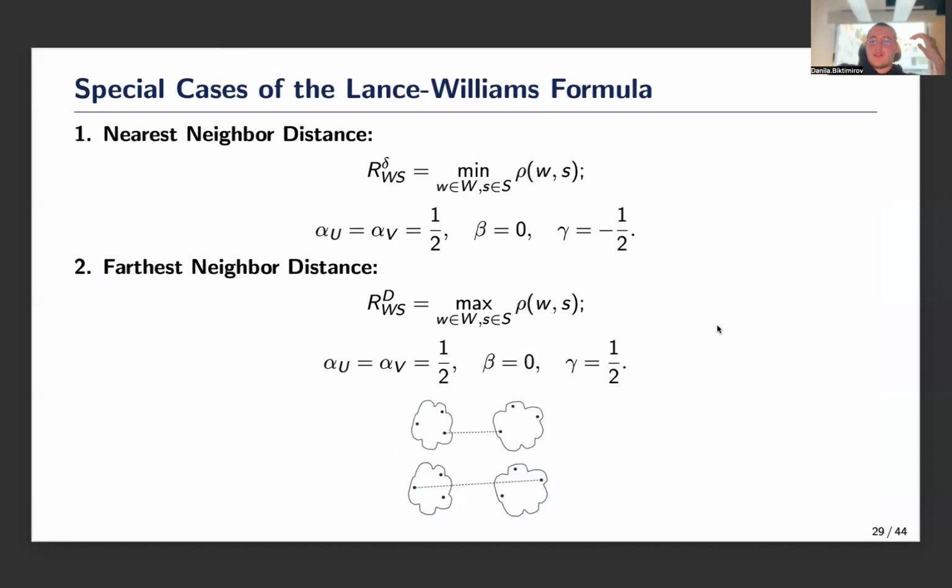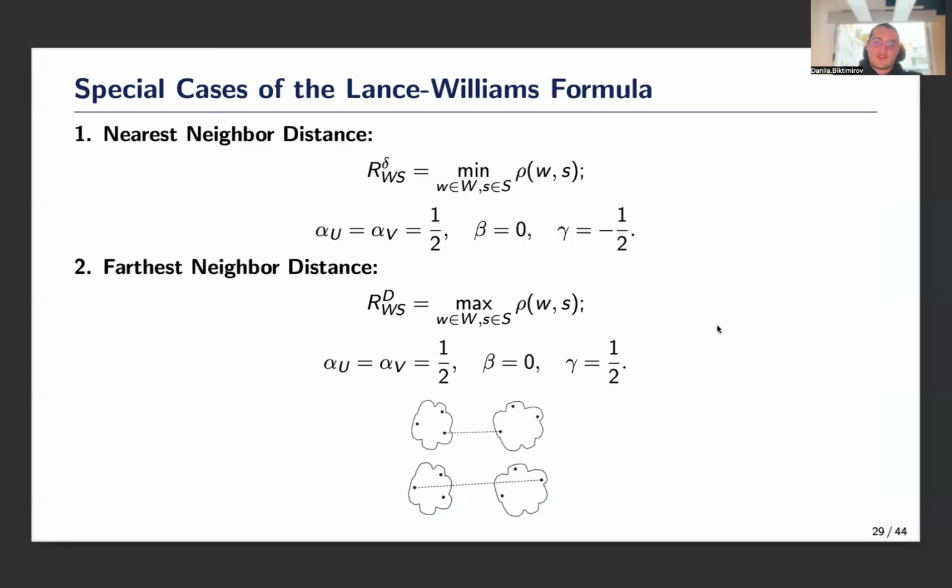In practice, several different methods can be used to compute the cluster-to-cluster distance R in our Lance-Williams formula. Each of these distance measures corresponds to a specific choice of parameters in the Lance-Williams formula. For example, we can use single linkage.